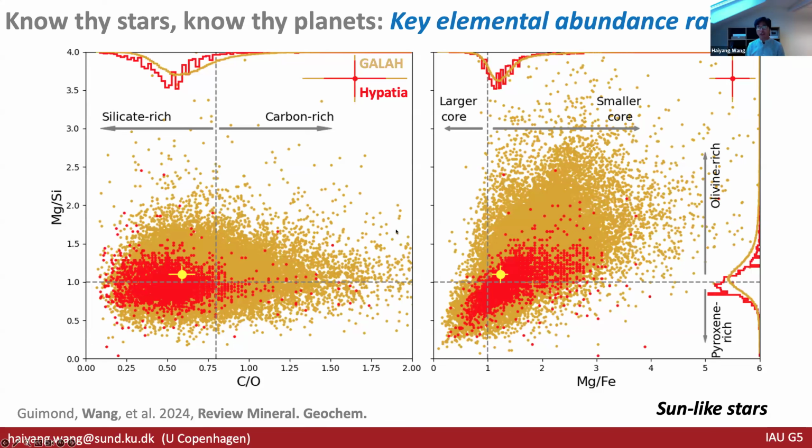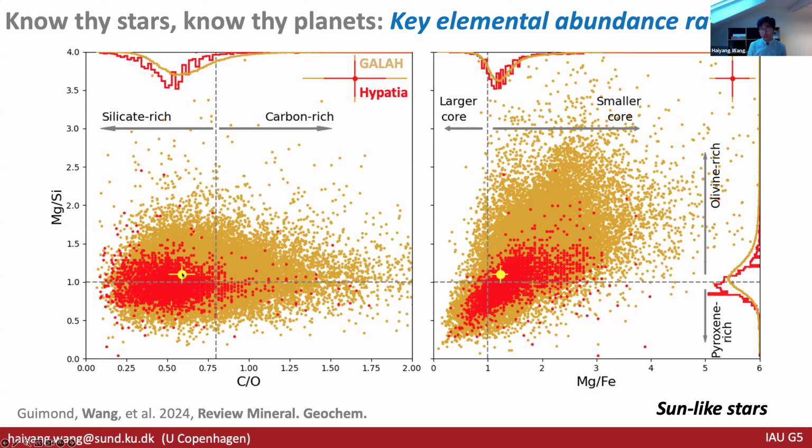If you have a higher ratio, then that can potentially imply that a planet orbiting such a star might develop a carbon-rich scenario, or otherwise it will be a silicon-rich planet, more like our terrestrial planets.